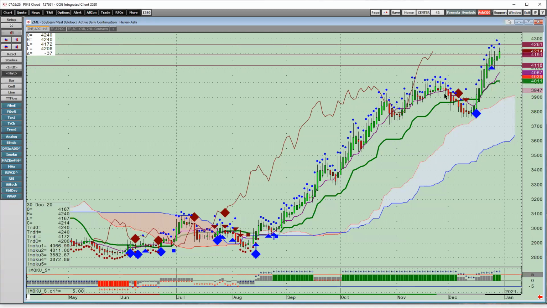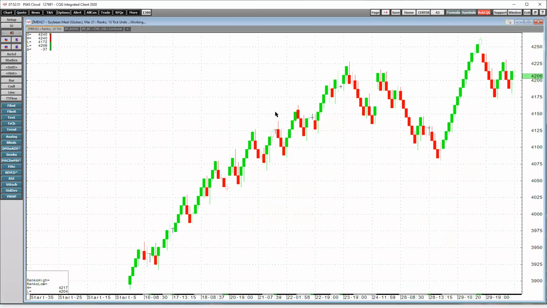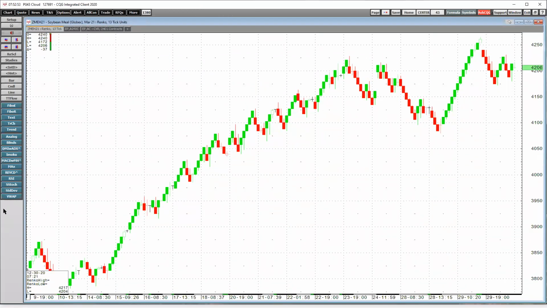So there's an algorithm there, and you'll see the levels are slightly different. So if I put up a bar chart and put up the green and red coloring on it, I can get the advantage of the smoothing, but I can see the actual price action rather than the smoothing action. But you can also use it on Renko, and I'm focusing on the Japanese chart types because it's their study.